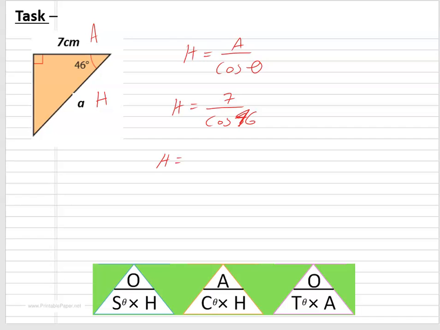So H equals 10.076. So A equals 10.08 centimeters. Okay, so press pause while you mark/correct your work.